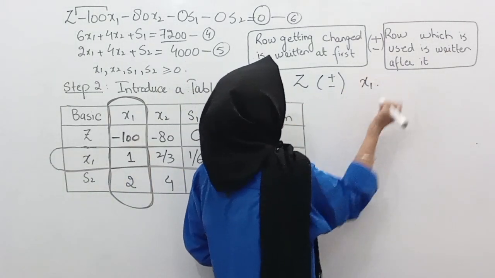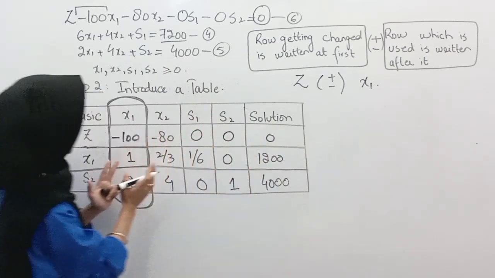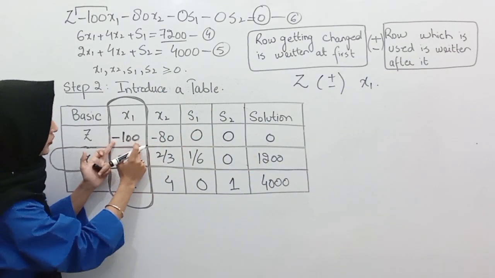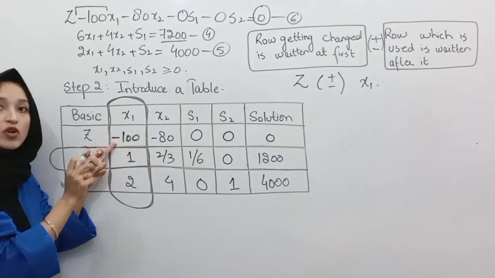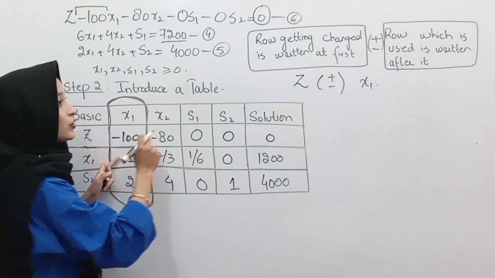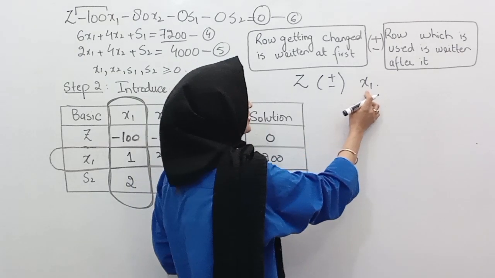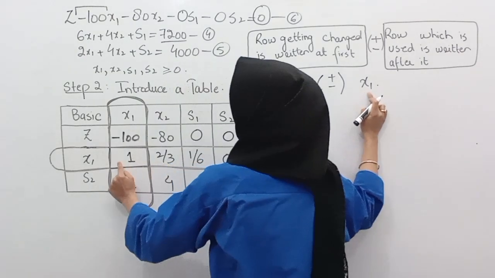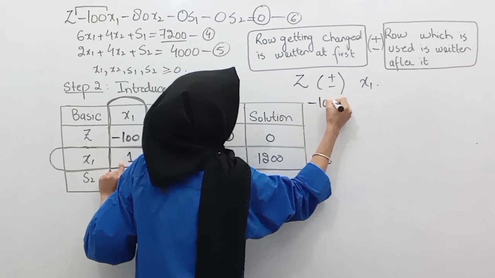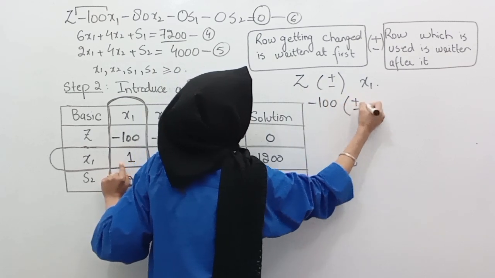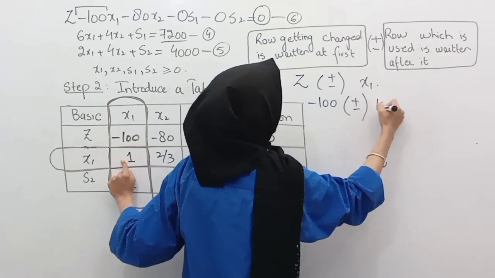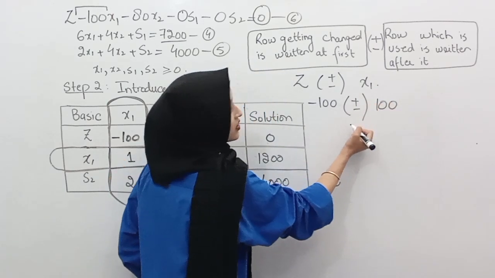Now set it accordingly. According to your situation, you need a 0 here and there is negative 100 here. You have to add 100 to it so that it will become 0. And for that purpose, you have to first multiply this x1 with 100. So z, the value of z is minus 100, and plus minus operation, and if you multiply x1 with 100, now see which sign suits our situation.